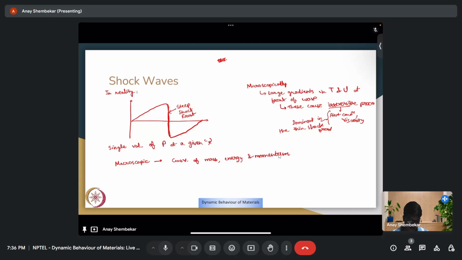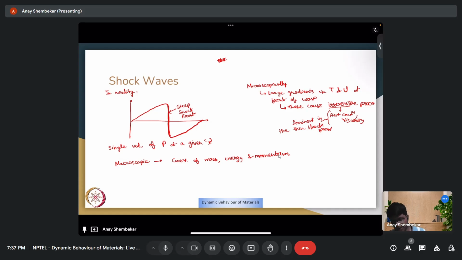When I say conservation of energy, that also involves the amount of energy that would go away into, say, viscous loss. For modeling purposes, we will not be looking into those. We'll be looking at only the energy of the material itself, like the internal energy and the kinetic energy.